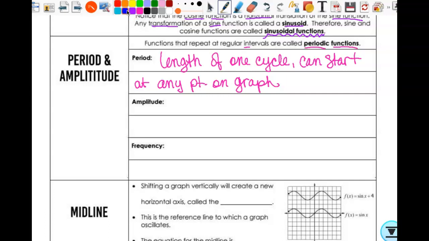It's the length of one cycle, and it can start anywhere. Sometimes starting at 0 doesn't make the most sense, but if it does, we'll just start there.